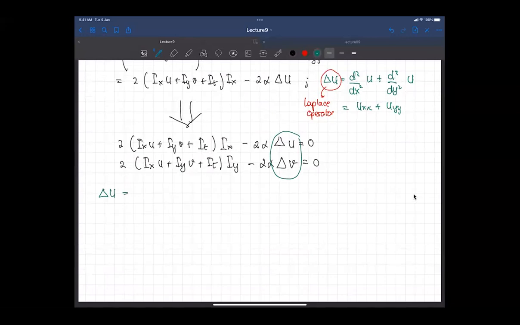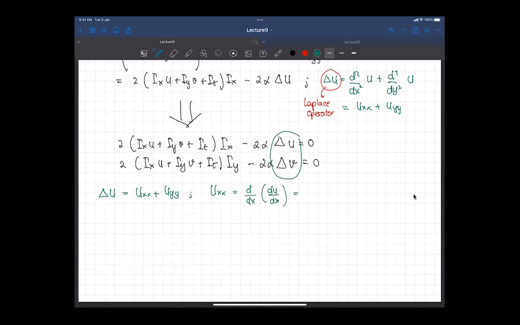Delta u is uxx plus uyy. And let's look at uxx. What does uxx mean? uxx means d/dx of du/dx.